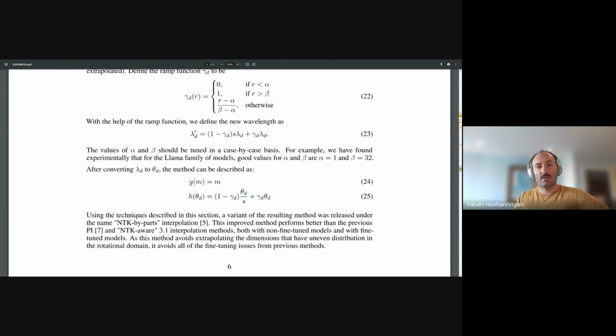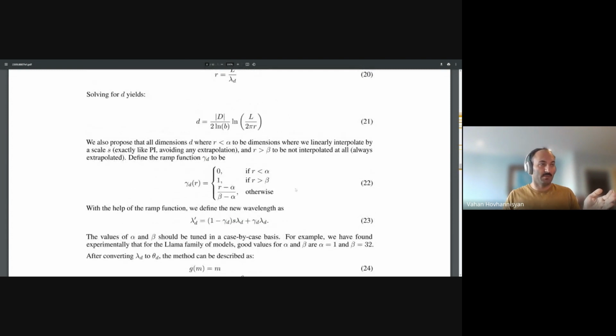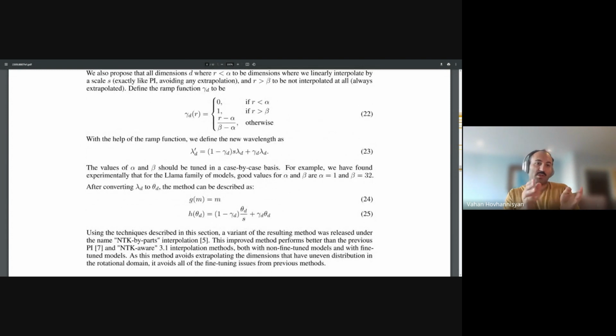So you do this dynamically. When you start generating the beginning of the text, you really don't make a change, right? But once you start passing the context length, you start updating, you start extrapolating outside the context length. That's the main idea, I think.